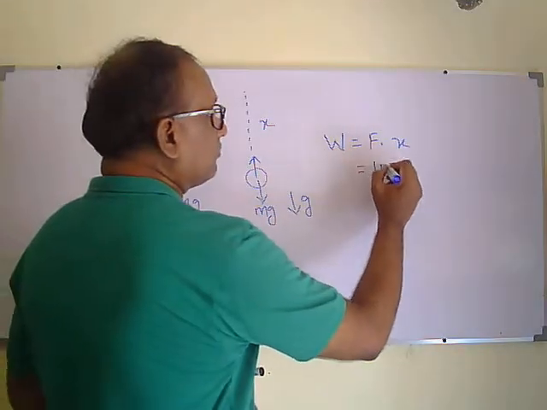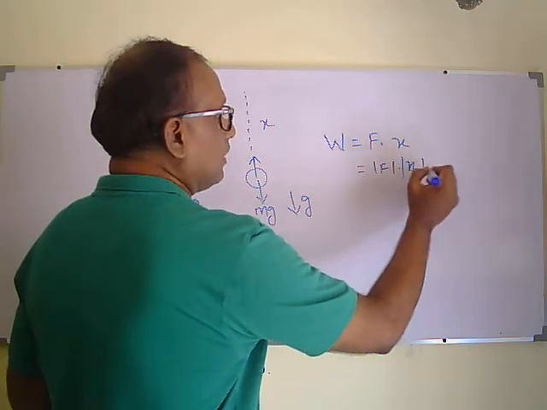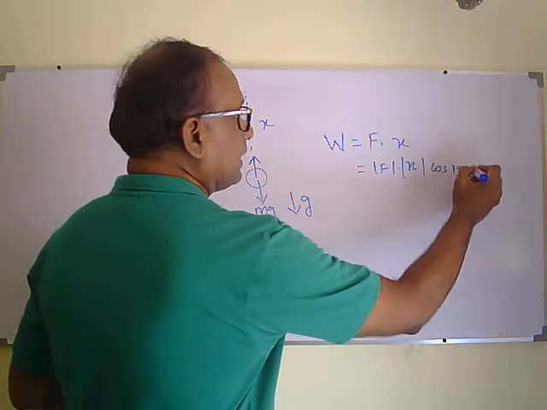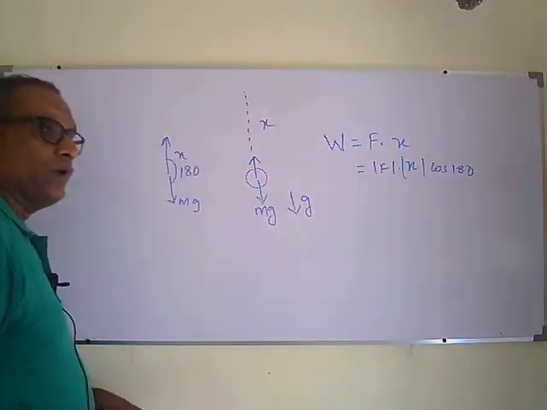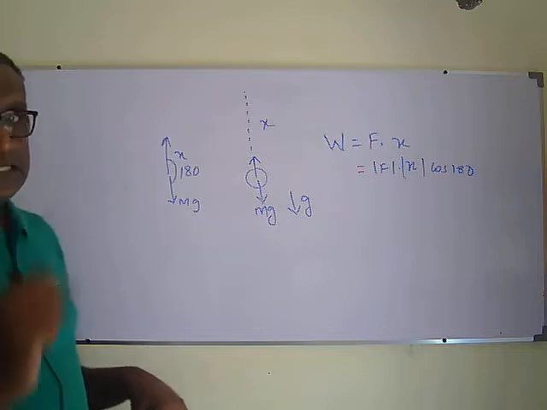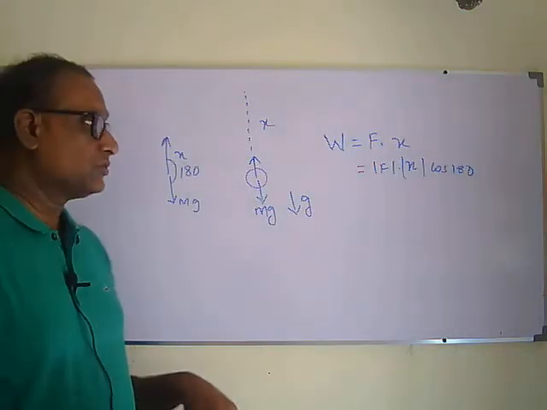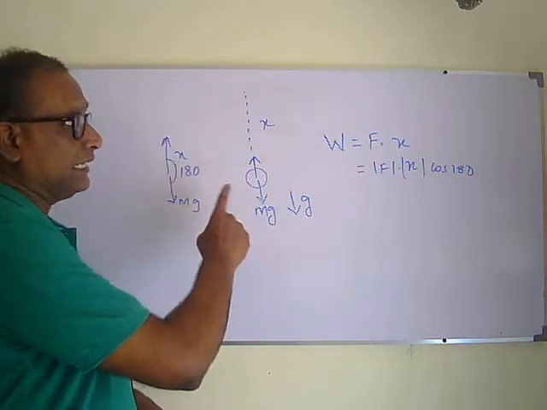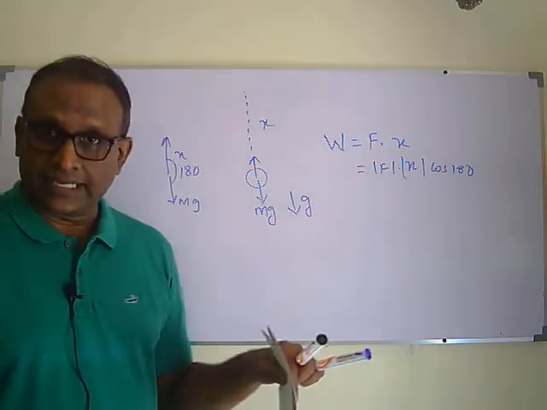If you put F into x cos 180, the work done is going to be a negative quantity. That means whenever an object has negative work done, its kinetic energy will decrease. It is doing work against the field, so its potential energy will increase. So the gravitational potential energy will increase when the work done is negative.